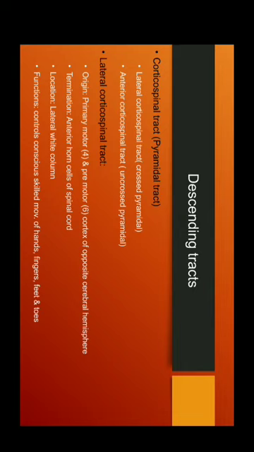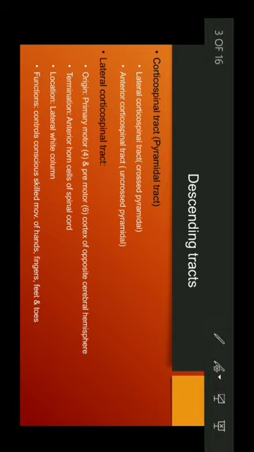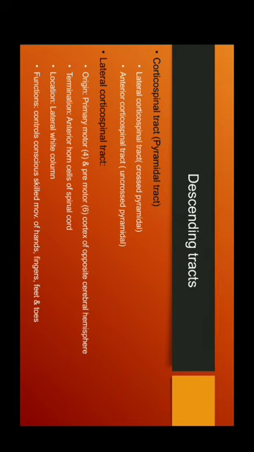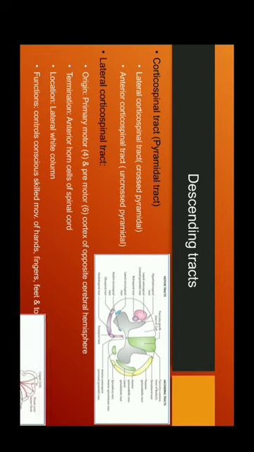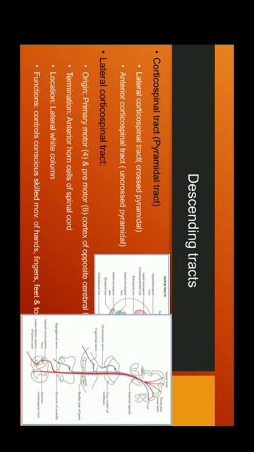the corticospinal tract. The corticospinal tract is also known as the pyramidal tract. It's the pyramidal tract because it arises from the pyramidal cells of the cerebral cortex and it descends via the brainstem and then into the spinal cord, and in the medulla oblongata it lies in the pyramids, so it is called a pyramidal tract.